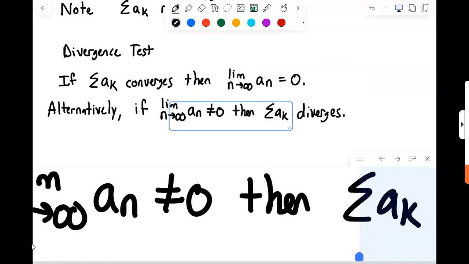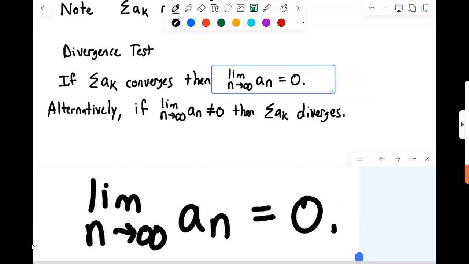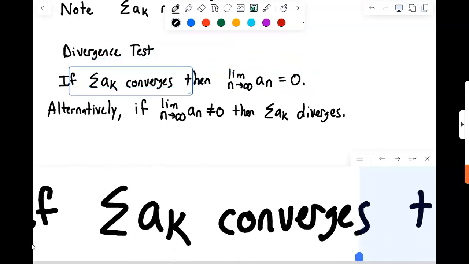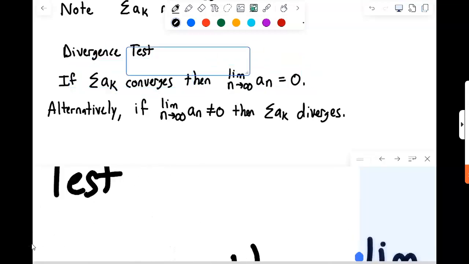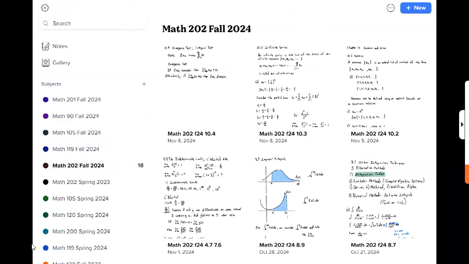But if it's not 0, then we definitely know it diverges. So the limit going to 0 is a necessary condition for convergence, but it's not sufficient on its own. Turns out it has to actually go to 0 quick enough. And again, that's kind of a generic way of saying it.